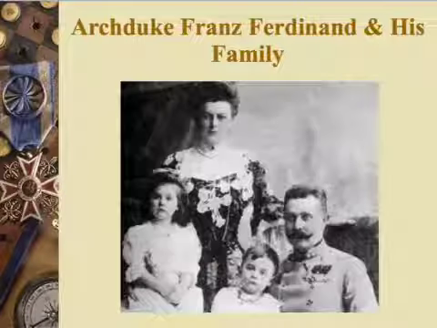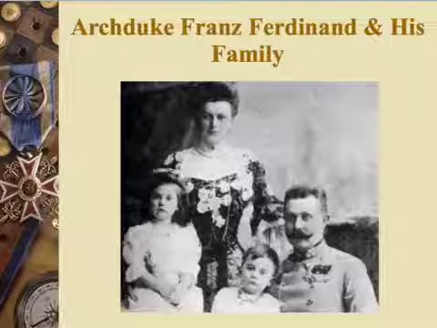So now we look at what we call the spark, if you will, of the war that really ignites this very dangerous powder keg that was really gearing up to explode for years to come. The picture here you see is of Archduke Franz Ferdinand and his family, and he was set to overtake ruling power of Austria-Hungary from his uncle.